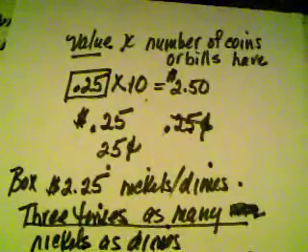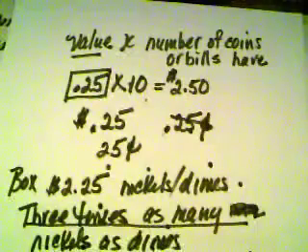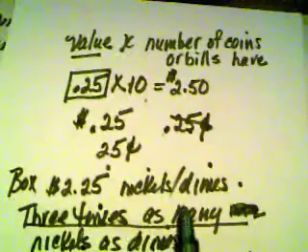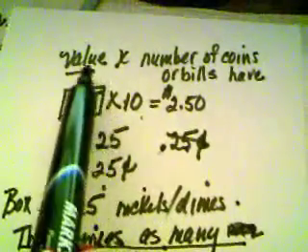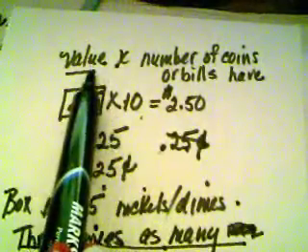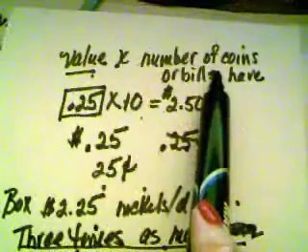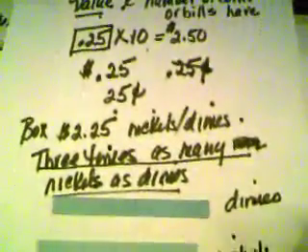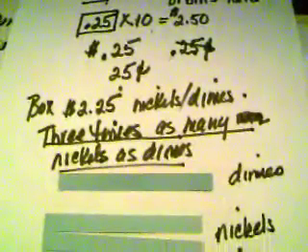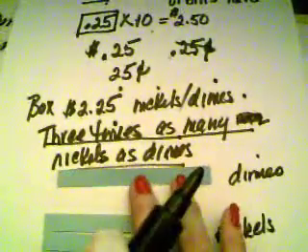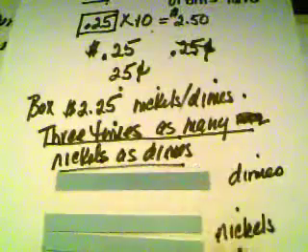And so now back to our rule, we have to take the value of the coin times the number of coins that we have. So the value of the dime is 10 cents, and I have 1.